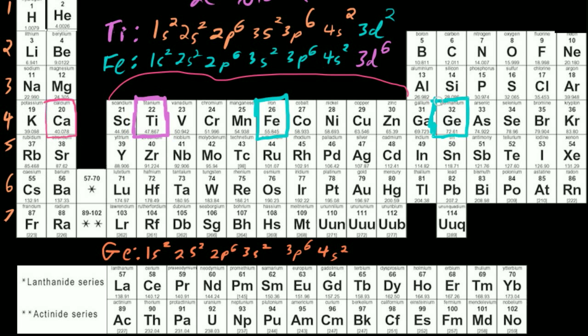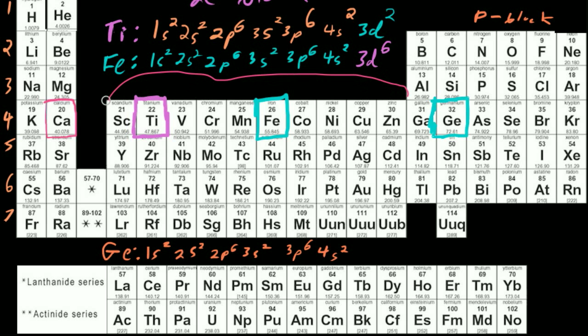And now we know that germanium is over here in our p block. So our last entry in our electron configuration is going to be some p orbital. That means that our d orbital is going to be completely full. You can also prove it to yourself by counting across: when a d orbital is full, we have 10 electrons.